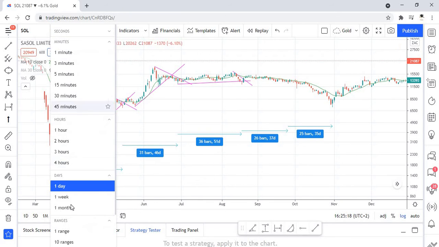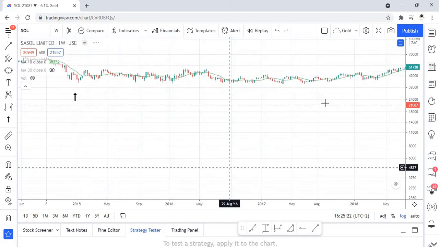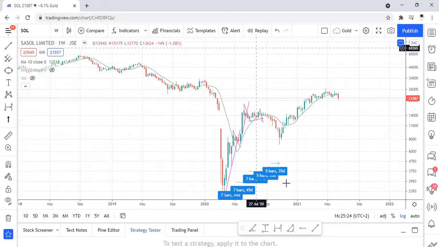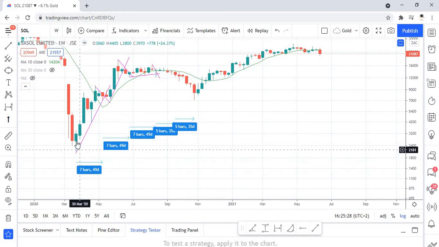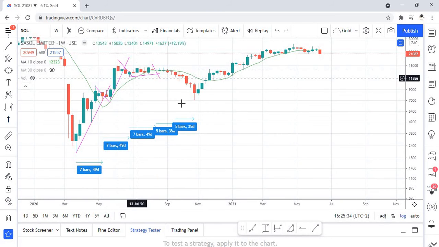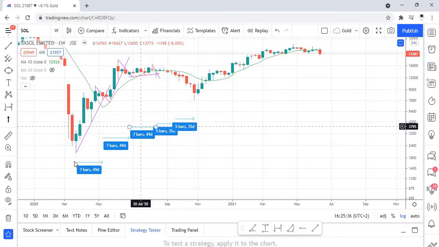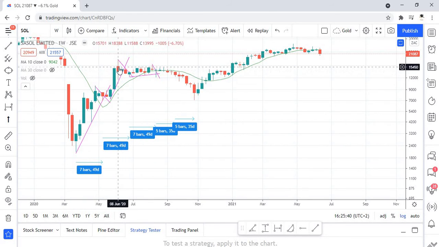So if I change it to a weekly chart, I'm going to look for those places I have been marking. Here you can see that we had price moving upwards and it reached a peak in this week, then it moved downwards. So here we can say this was a weekly cycle low and a weekly cycle high.